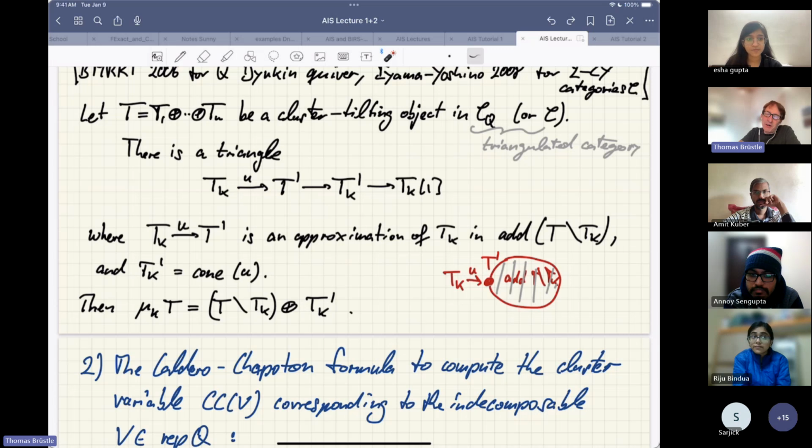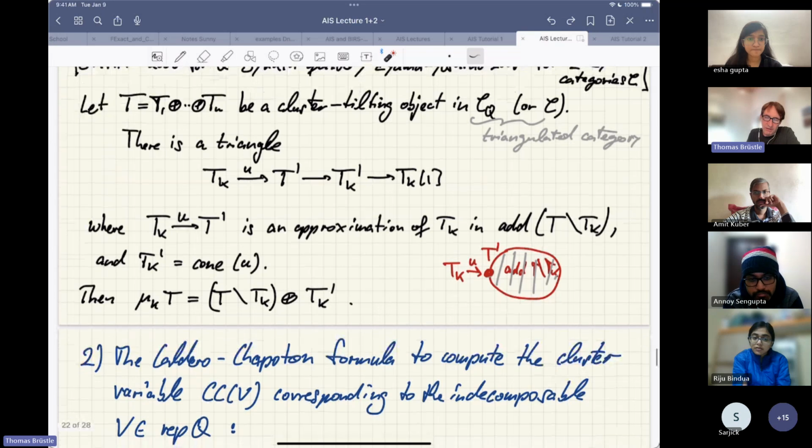If the objects come from the shifts of the projectives, then we know them: they correspond to the initial cluster variables. For the rest, the other objects in the cluster category, I call them V here. They are some indecomposable representations.